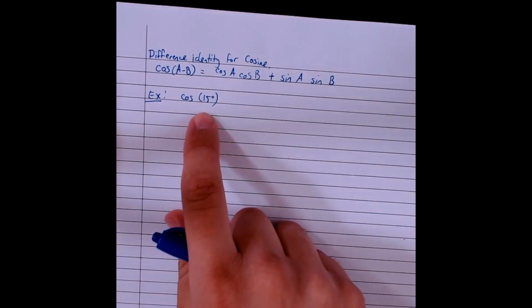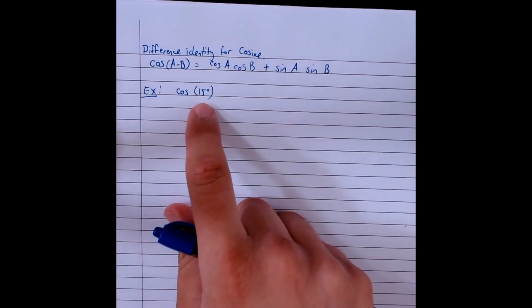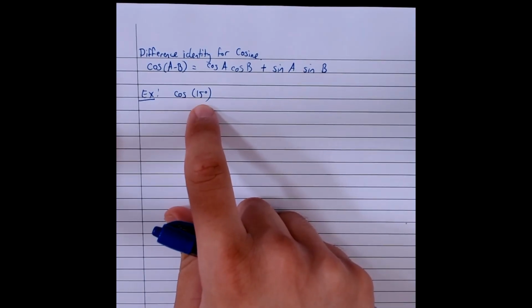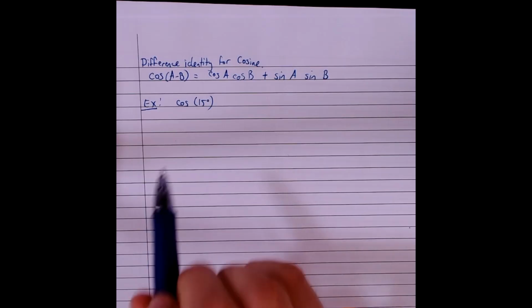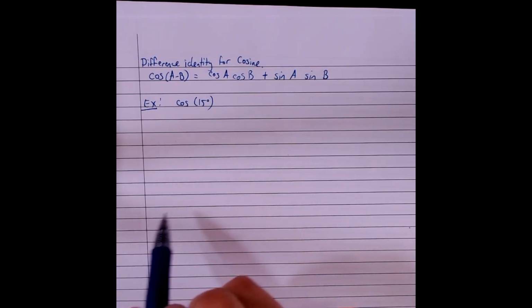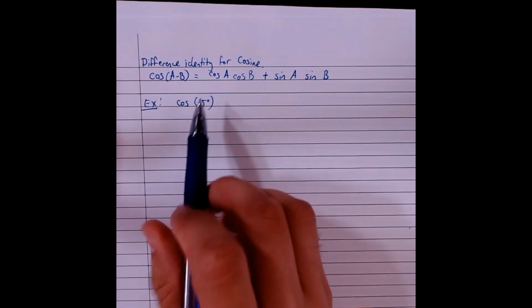Well, it doesn't need to be, because even though 15 degrees is not an angle on the unit circle, it is an angle that we can get by either adding or subtracting two other angles that are on the unit circle. This is why we never really bothered going through and adding thousands of points on the unit circle, because just having those few that we already have, we can put those together in a way to give us lots of other angles.